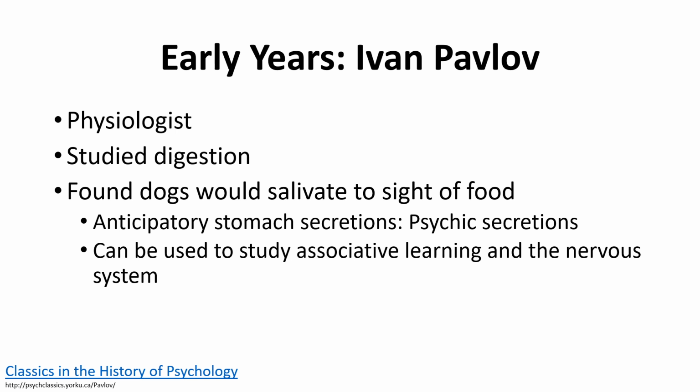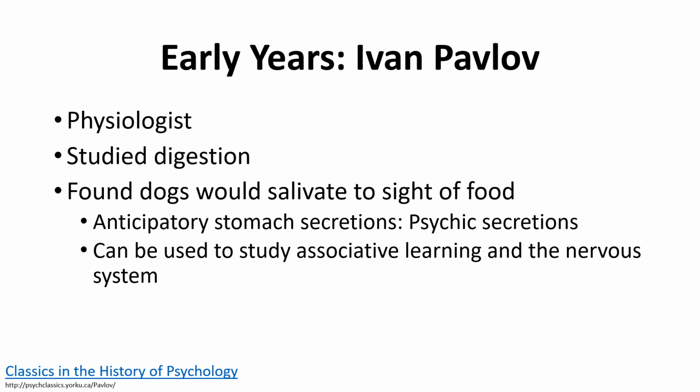The classical conditioning side of things was actually an accident, where they found that dogs would start to salivate or produce larger quantities of digestive juices, even to just the sight of food. It didn't happen just while they were eating, it would happen in advance. It was as though they were expecting or predicting the arrival of food.